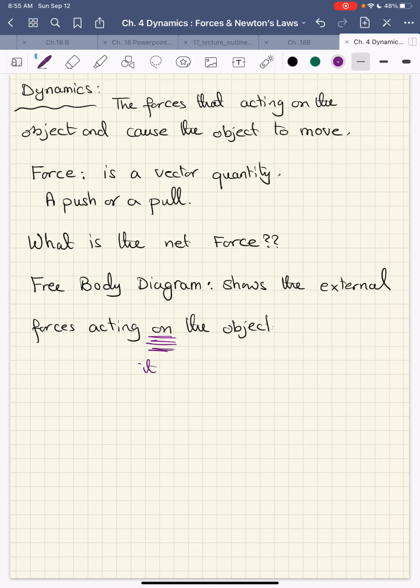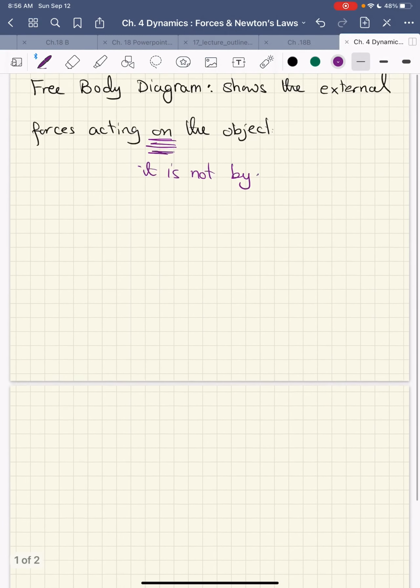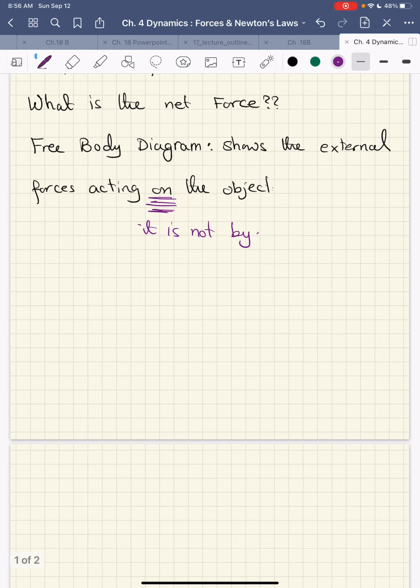It is not "by". In the same way that other objects act on it by forces, it also acts on other objects by forces. We are not interested in any force that is exerted by this object, but we are interested in the forces on the object.